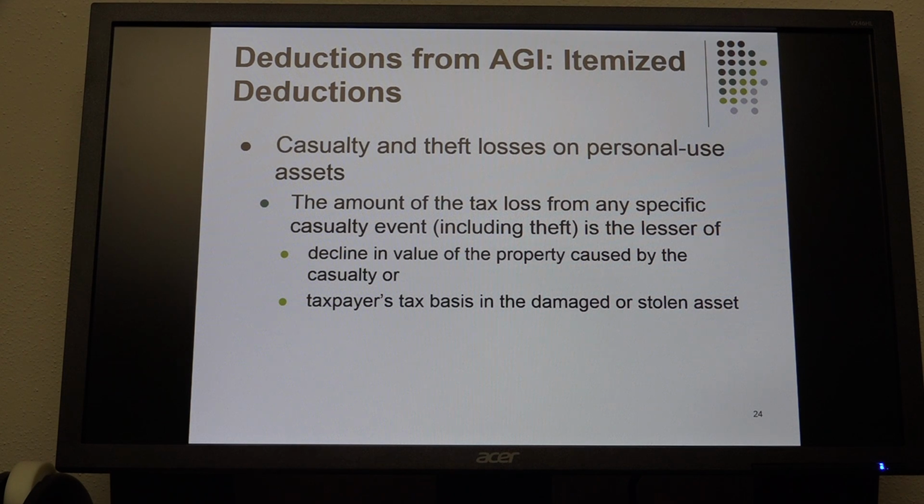Is that a sudden, unexpected, or unusual event? And the answer is no. So general wear and tear, a loss that occurs because of general wear and tear, is not going to be a casualty loss.